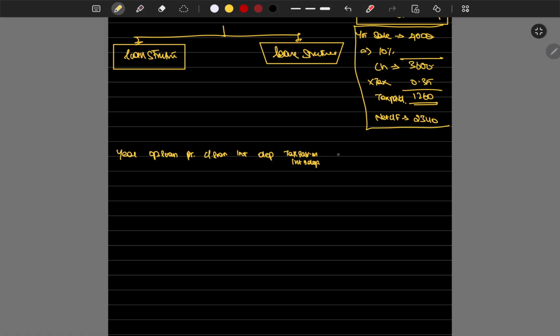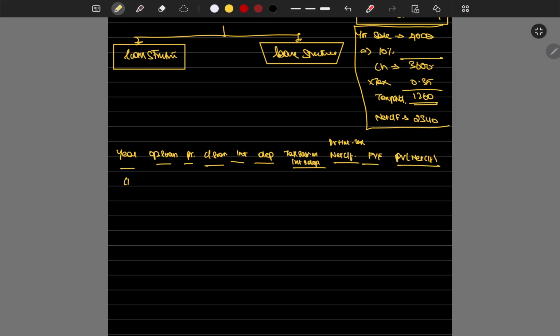Then comes net cash outflow, which is nothing but principal plus interest minus tax savings. Then PV factor, present value of net cash outflow. Okay, this is the structure. If we go through the structure now, the problem's answer will come into place.